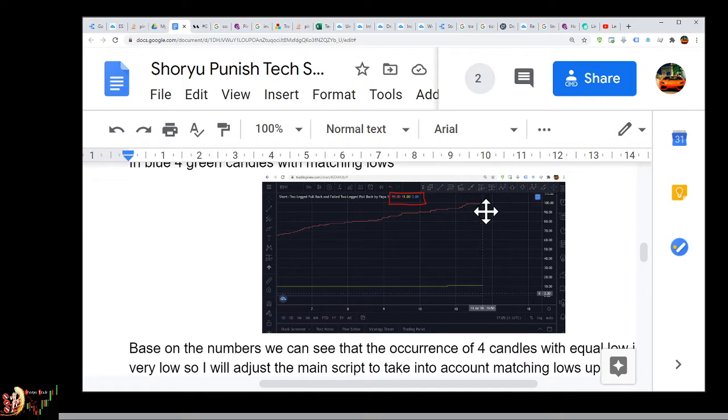We had like 100 Ks of candles that have matching lows. For 3, in yellow, we had 11 candles with 3 matching lows, and 4 is the blue. And what we see is that starting at 4 we have 0 candles that have 4 consecutive matching lows.